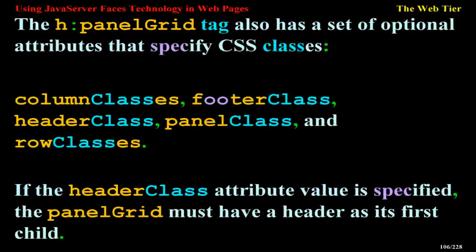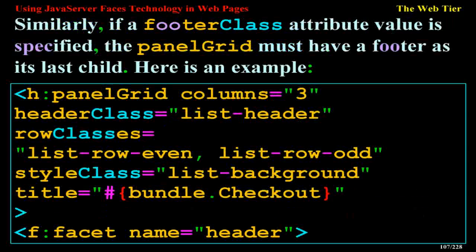If the headerClass attribute value is specified, the panel grid must have a header as its first child. Similarly, if a footerClass attribute value is specified, the panel grid must have a footer as its last child. Here is an example. h:panelGrid columns="3" headerClass="list-header" rowClasses="list-row-even, list-row-odd" styleClass="list-background" title="#{bundle.Checkout}".